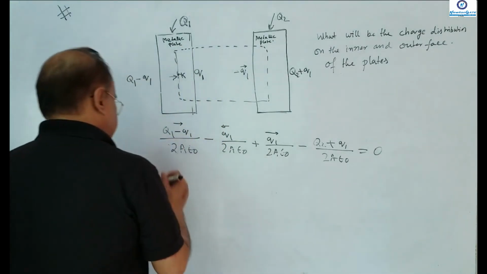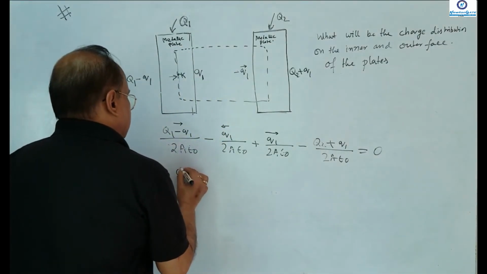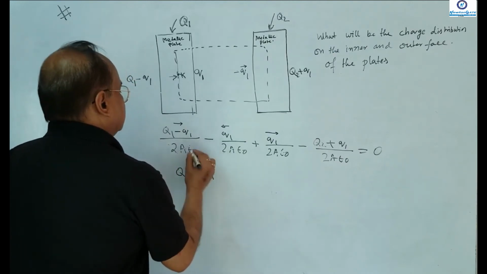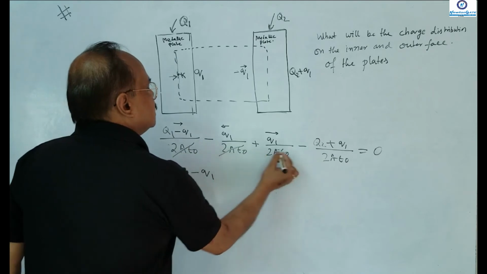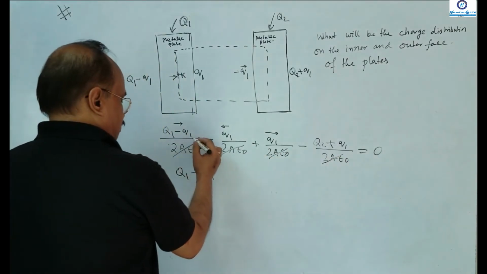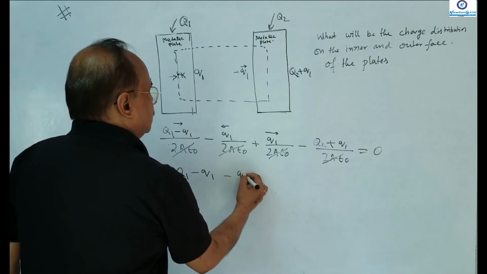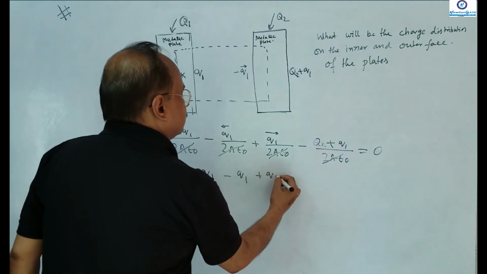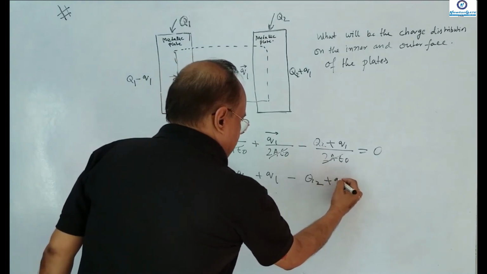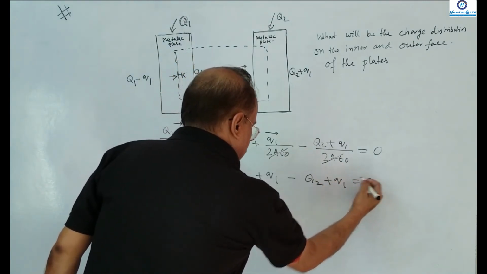So you get Q1 minus Q1 plus Q1 minus Q2 plus Q1 equals 0.